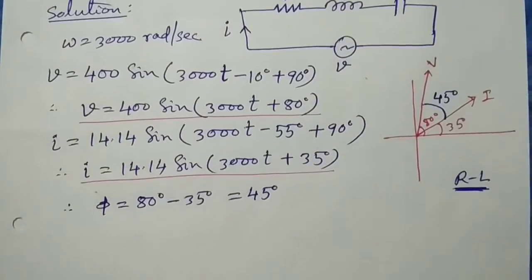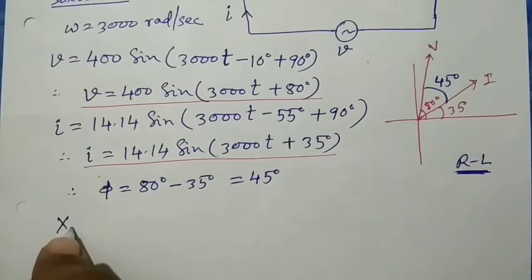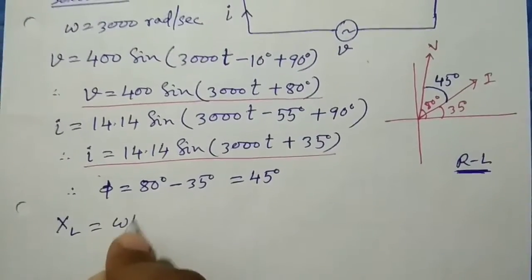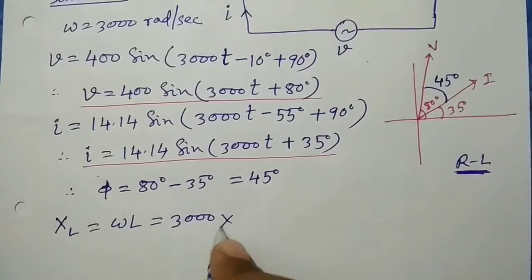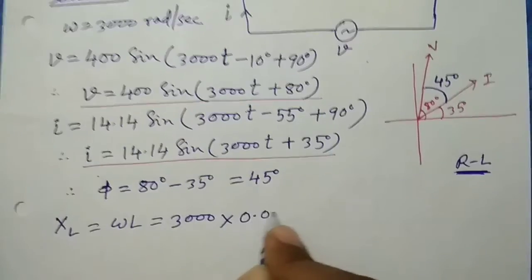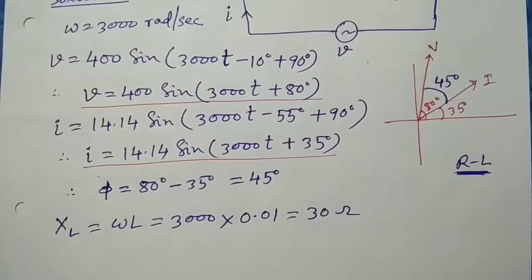Now find the value of XL. XL can be written as omega L. The omega is 3000 and L is 0.01, so it will be 30 ohms.